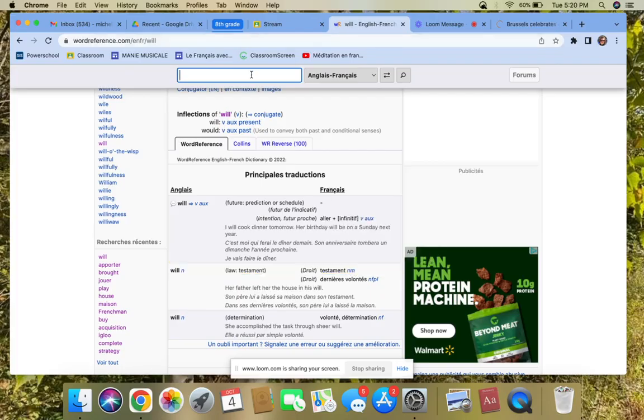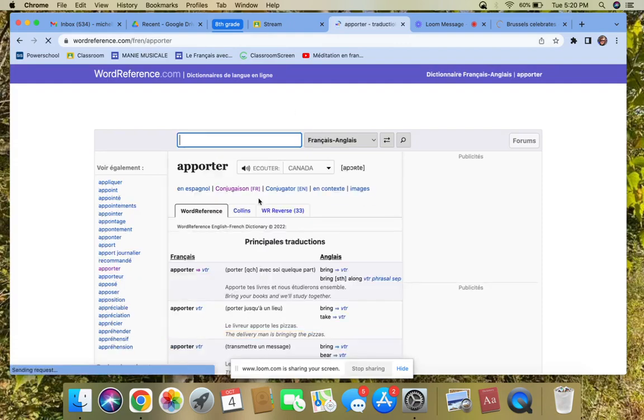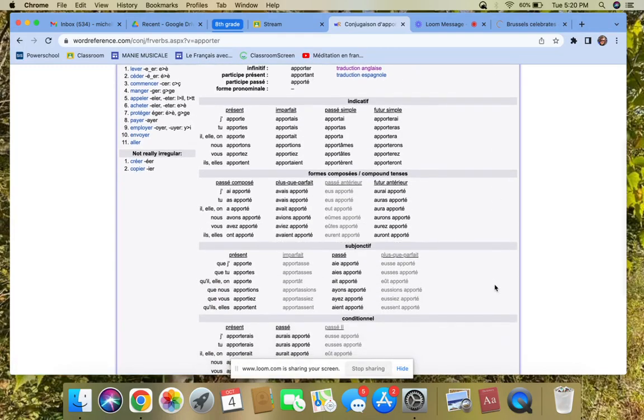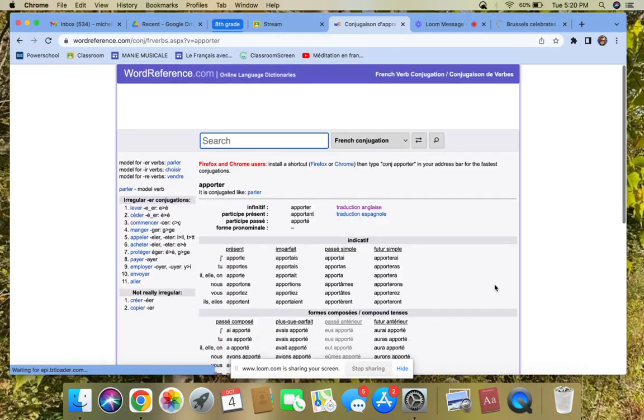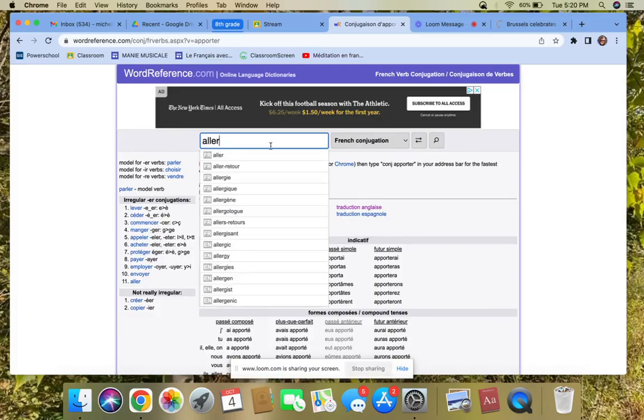So again, I go back to bring, and I try to simplify it, I go to the conjugation. What could I do? I know I learned futur proche, like I'm going to bring. I haven't learned the future tense yet. So I'm going to try to simplify it and still get my point across. So if I say I'm going to bring, oh, wait a minute. That's the verb aller, but I don't remember how to conjugate that.